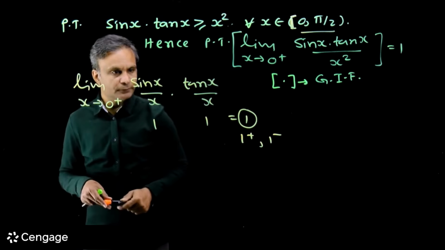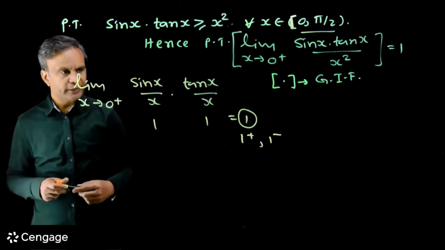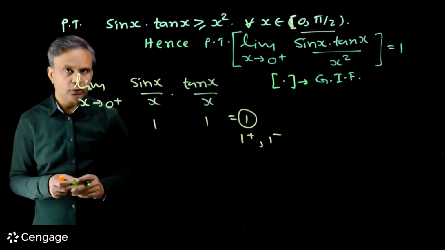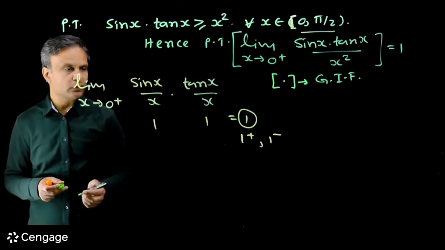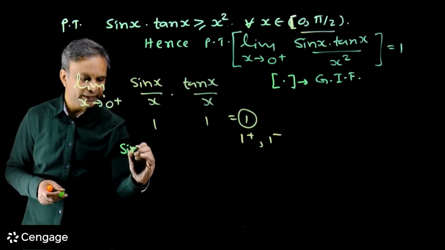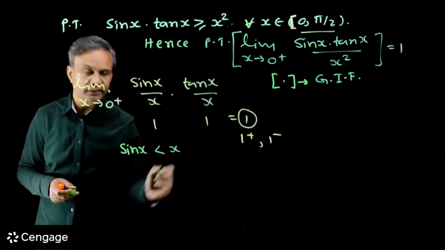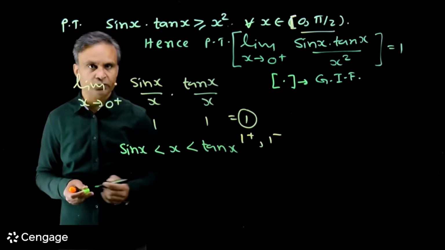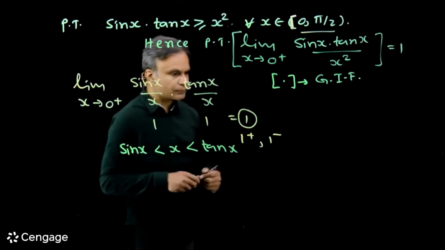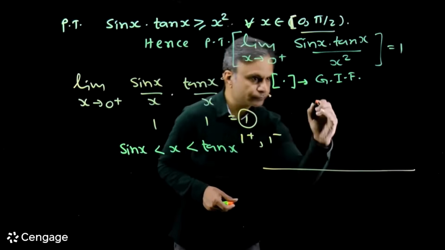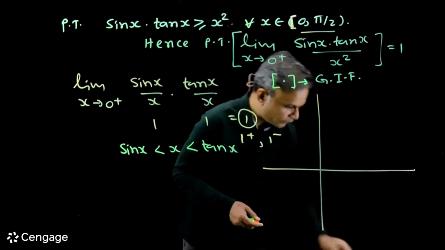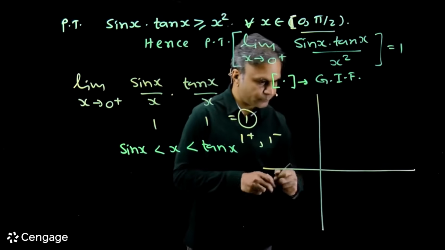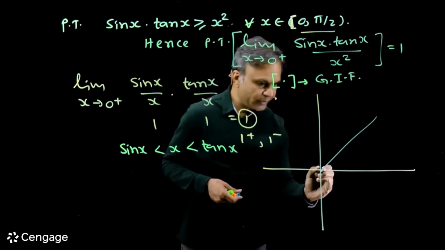Now, we know that in the neighborhood of 0, on the right hand side of 0, sin x is less than x and x is less than tan x. We know this. We know the graphs. Let's draw the graphs. We have here the line y is equal to x.